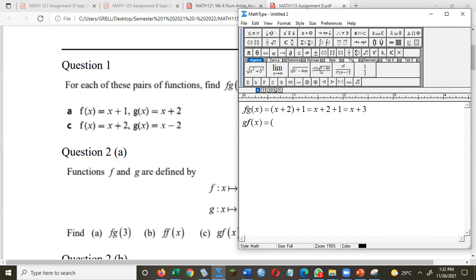Remember, we are doing A. So she opened a bracket, and what comes? x plus 1, plus 2. So what she did now, she started from the right again.